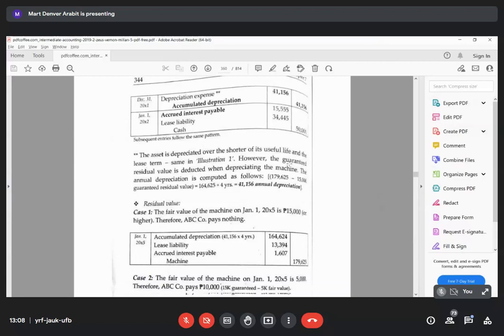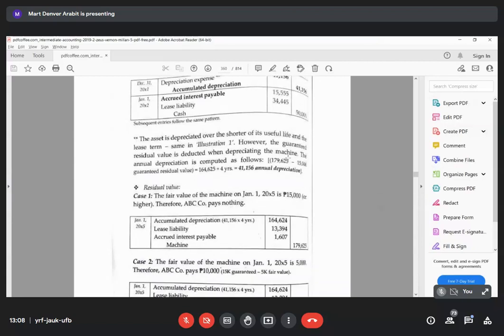Okay. So for residual value, if the fair value of the machine on January 1 is 15 or higher, then ABC company will pay nothing. So it is simply closing entries. It just closes it like that.